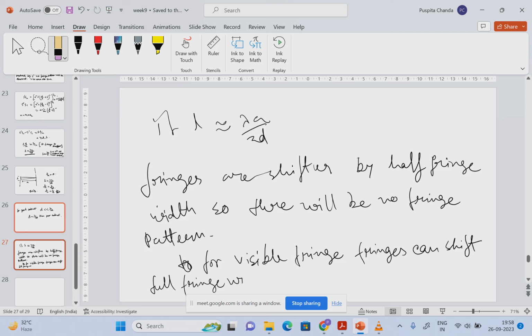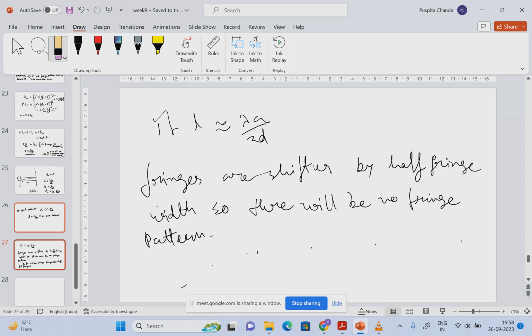For that reason, 2 times lambda A by 2D becomes lambda A by D. That is, when L is less than lambda A by D, we get fringes.